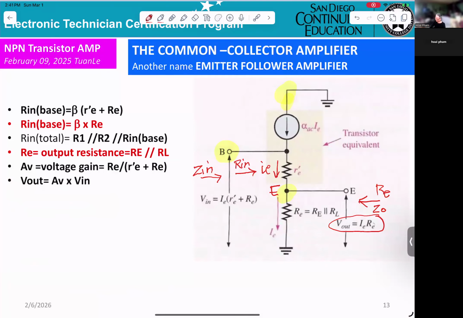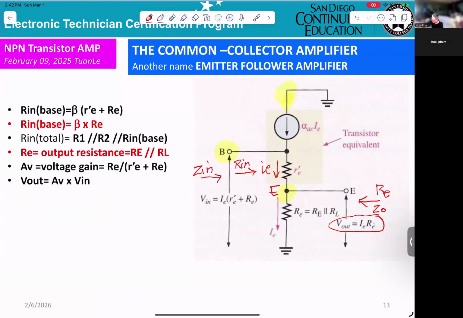The voltage gain AV equals RE divided by R prime E plus R big E. Okay, let's see.